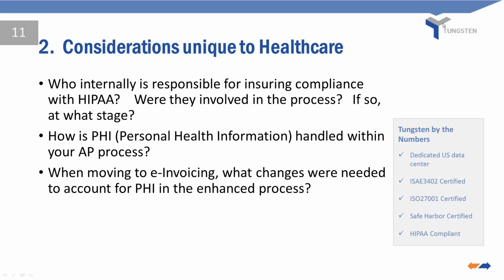So again, what I deal with here is mostly commercial invoices. We pay everything from rubber gloves all the way up to EKG machines for our veterans hospitals that are out there. But HIPAA is outside of our electronic invoicing mandate for our commercial vendors.